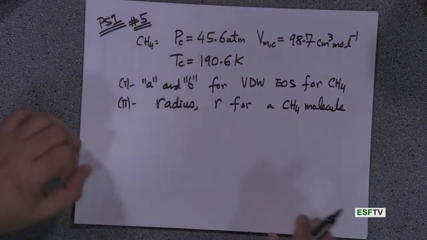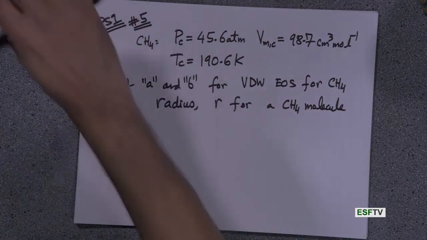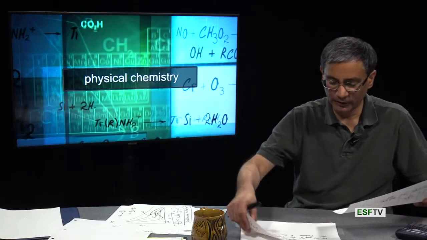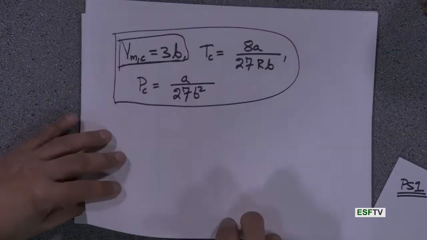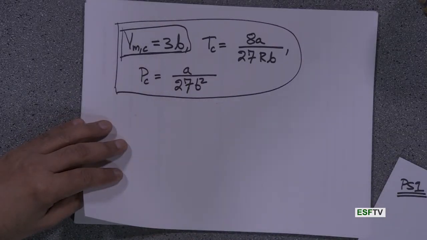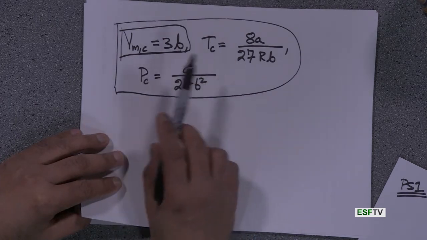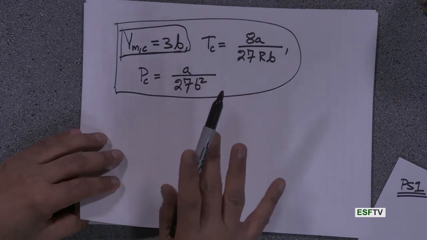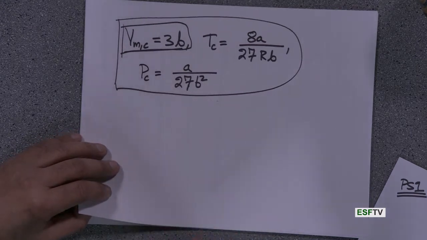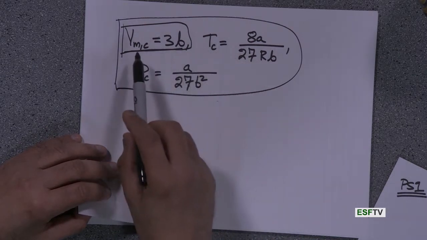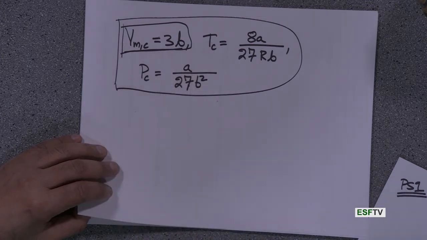Let's look at the first part first. To tackle the first part, we need to go back and look at these equations. P critical, V molar critical, T critical, we are given numbers for them, and it says to calculate A and B. What do we know? People do not need to memorize this. This information, if needed, will be provided. What I'm trying to convey to people is how to use equations like these for the critical molar volume, pressure and temperature with information to get other information.